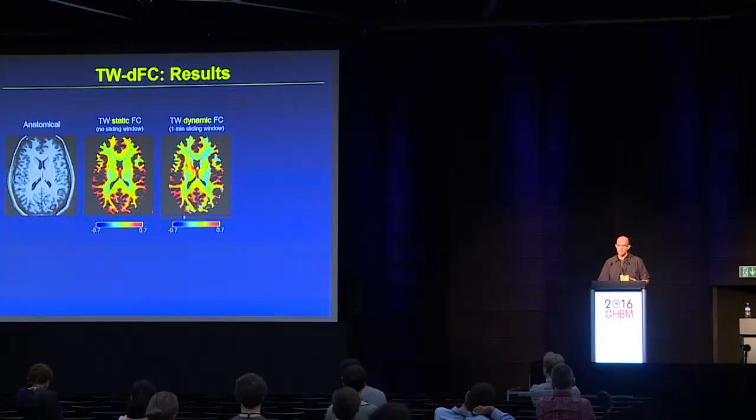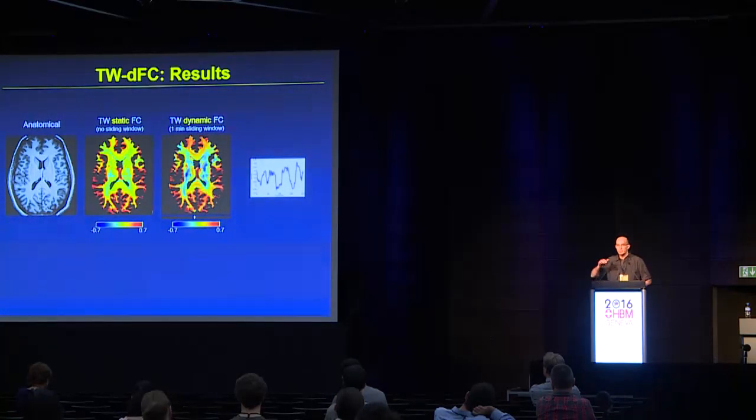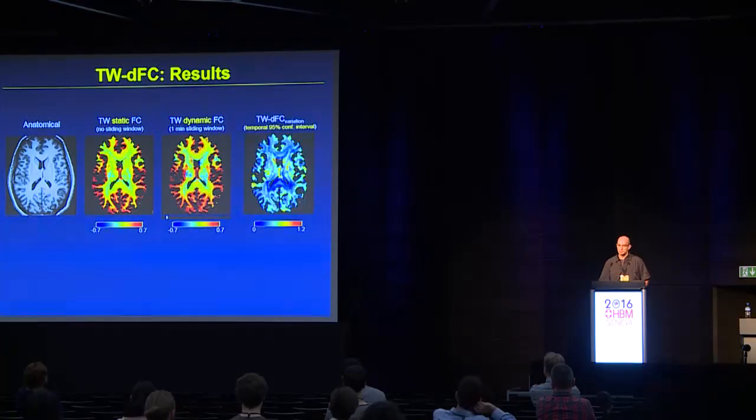So we can do this at each voxel, look at the temporal variations of these correlations, and summarize them in some way. The simpler way would be, for example, just to look at the confidence interval and plot that at each voxel. So here we have the temporal confidence interval of those variations at each voxel. You see some areas that change a lot, like the fornix, with high intensity, so it's reddish.